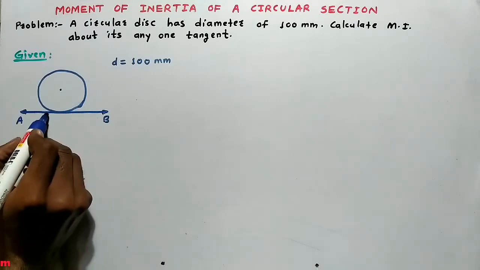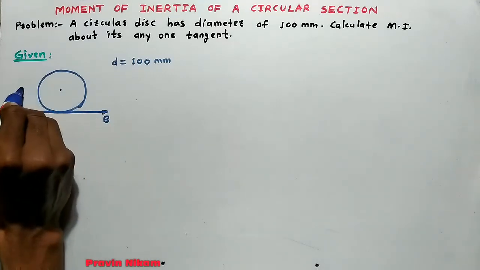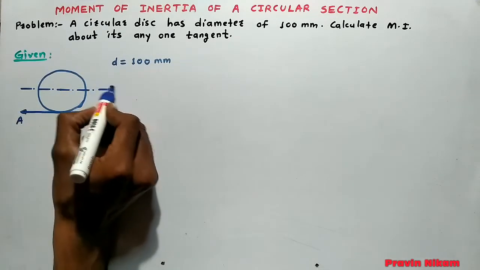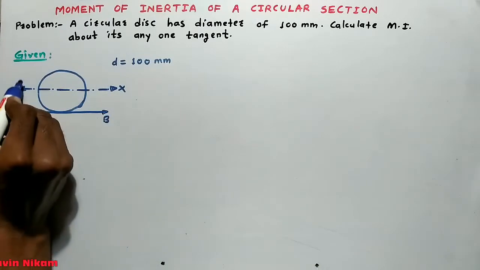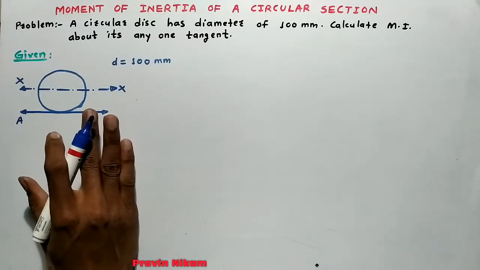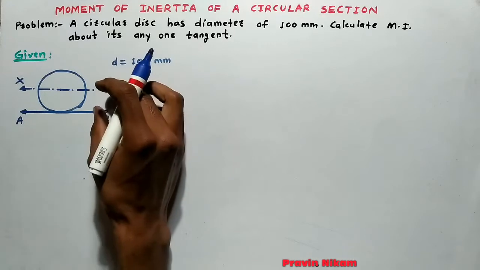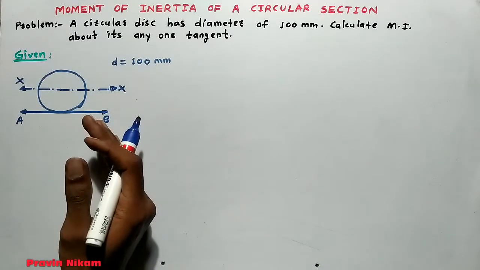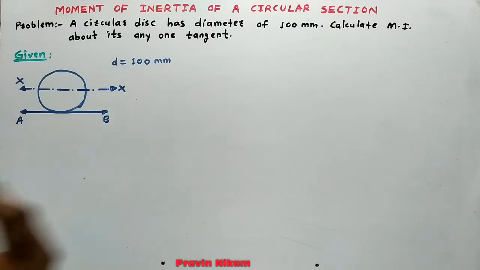Now the axis parallel to this tangent is the horizontal centroidal axis Ixx. These two axes are parallel, so we can use the parallel axis theorem to solve this problem.